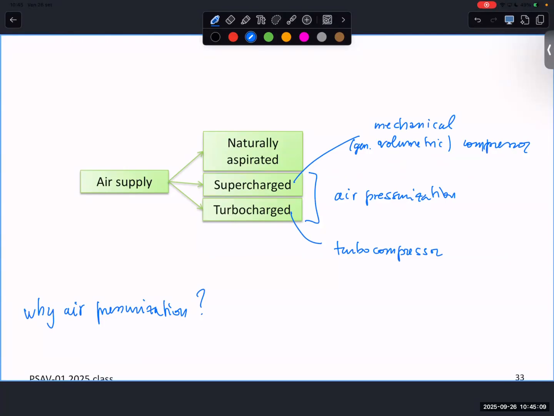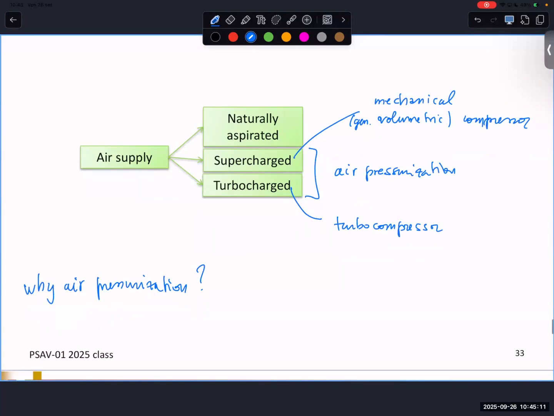Yeah, simply because for the charge, we increase the mass of air, and therefore we can increase the mass of fuel. Why do we want to increase the mass of fuel? To get more power available. So for the same displacement, so for the same size of the engine, I can have more power.